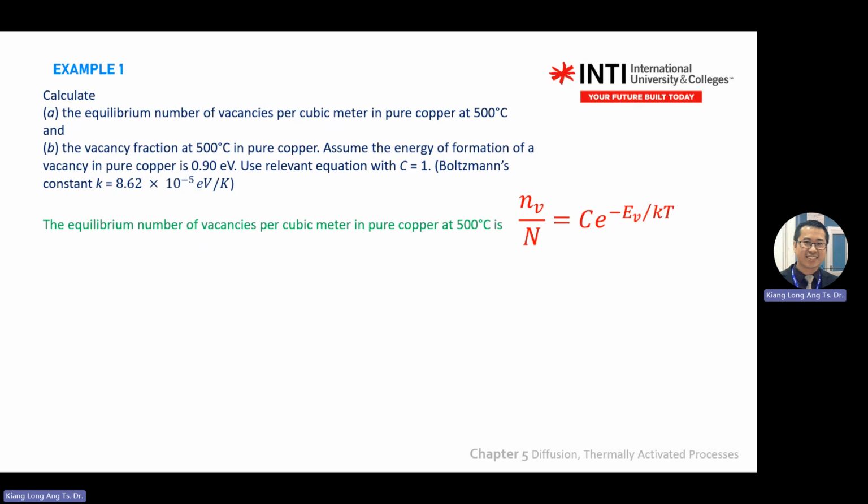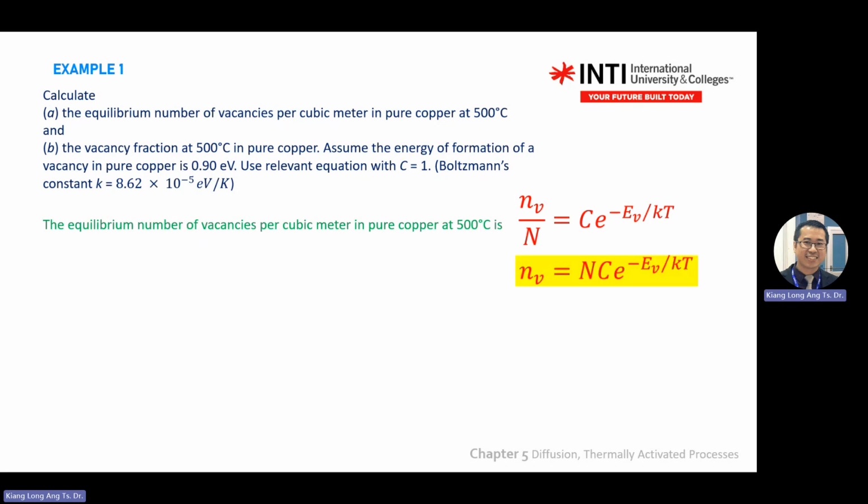Then you need to find the N first. Here, you need to convert to per cubic meter. How many atoms of copper are in 1 cubic meter?